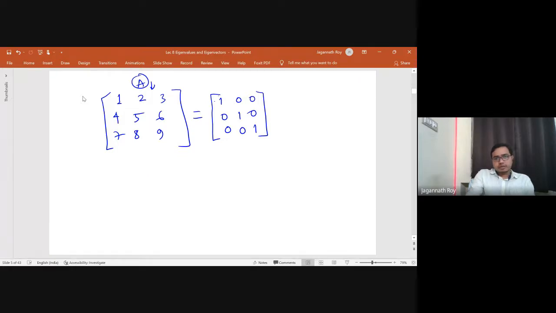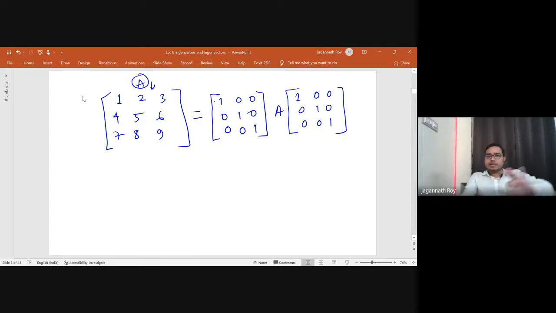Then we will write here A, and then right hand side there will be another matrix. So these are the elementary matrix. I mean, presently they are I3, A, I3. So they are presently identity matrix.